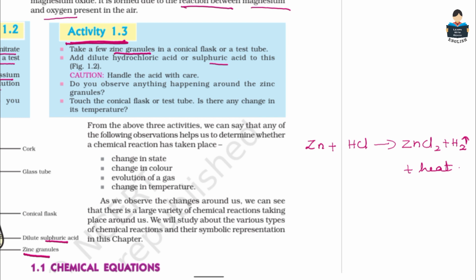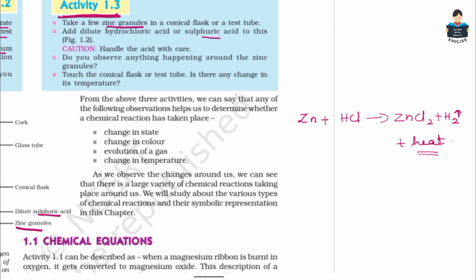Hydrogen gas comes out and heat is produced. Heat is produced means the flask is getting warm. They have asked, what do you observe? We can say air bubbles start coming out from the granules and the conical flask becomes warm.